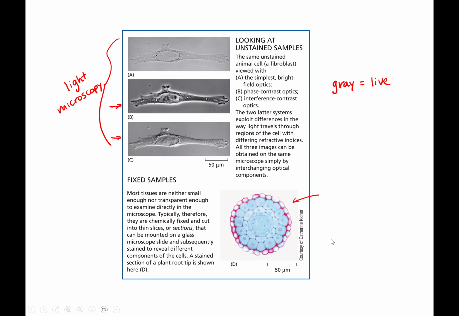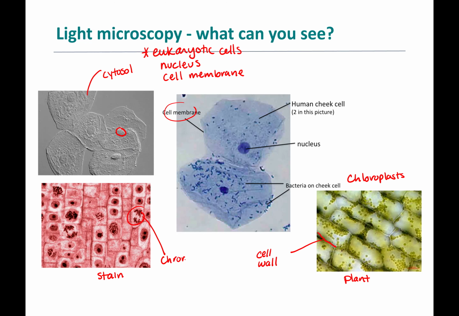You can see the cell wall of that plant cell, though you can't distinguish the cell wall from the cell membrane. And of course, you can see the cytosol, all that fluid. Sometimes, if we stain the cells, you can actually see chromosomes.